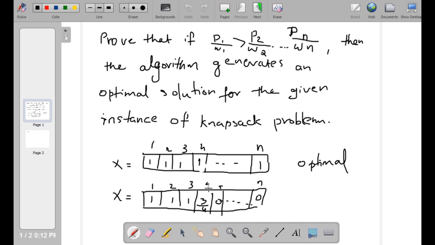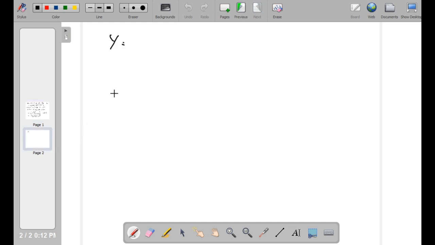So we have broken it and taken 3 by 4 of that block. So let us check what are the possibilities of his solution, his argument.